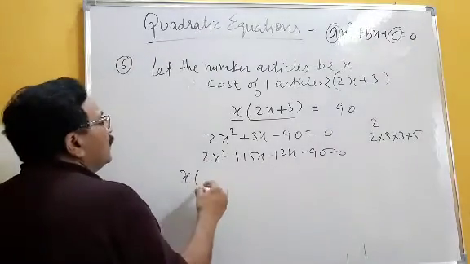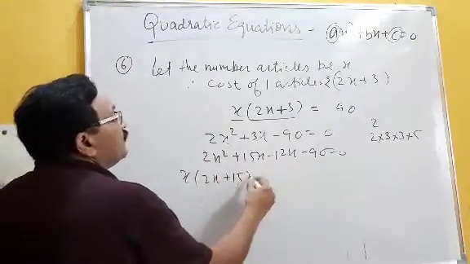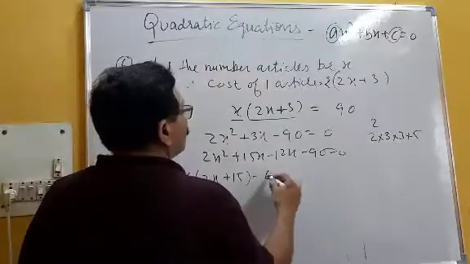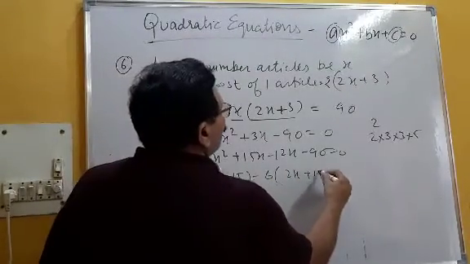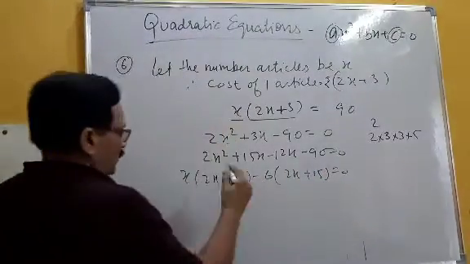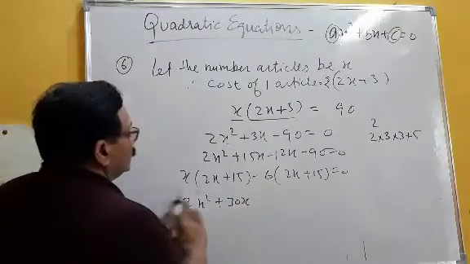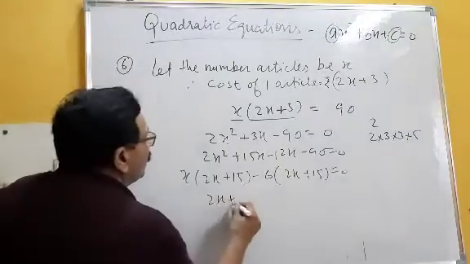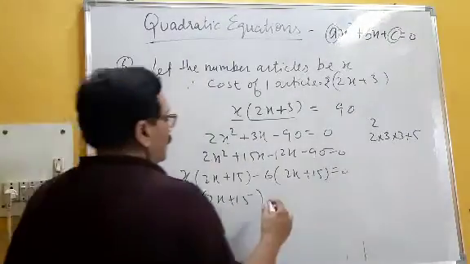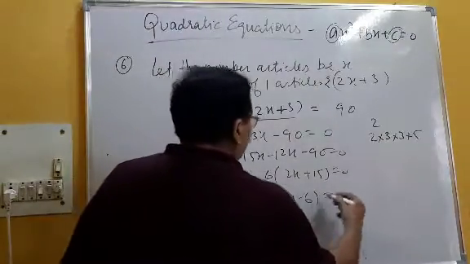You can take x common: x into 2x plus 15, minus 6 common, 2x plus 15, equal to 0. Then 2x plus 15 and x minus 6 equal to 0.